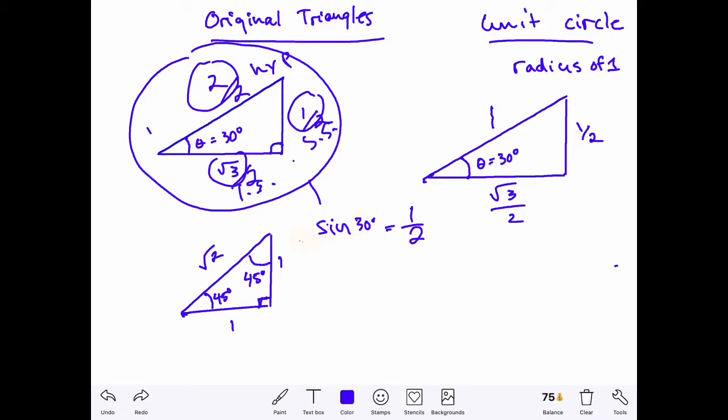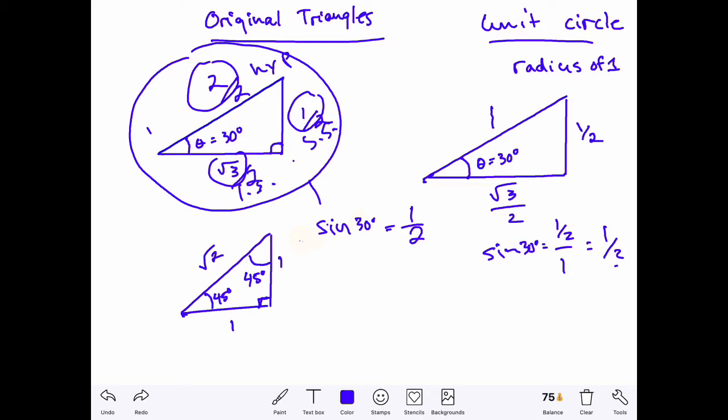It's the same thing for our unit circle, sine of 30: opposite, 1/2, over hypotenuse, 1. And it still gives us 1/2. So the ratio is the same. We've just now shrunken our radius to 1.